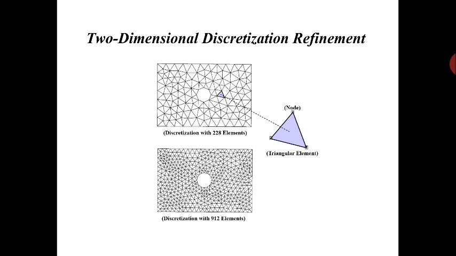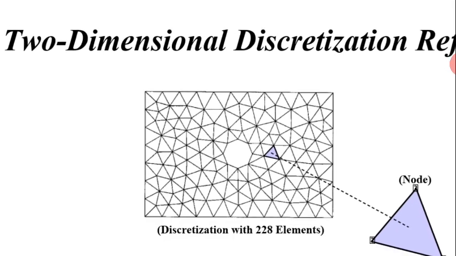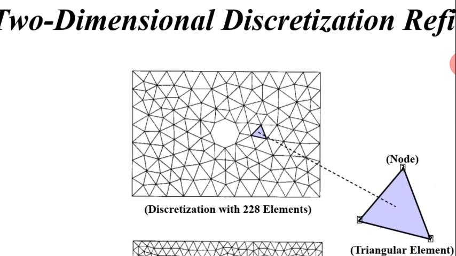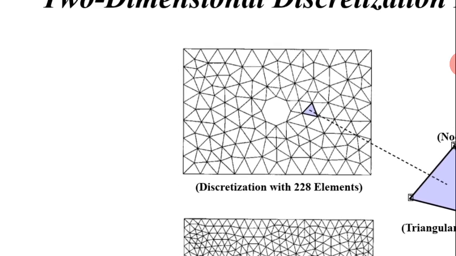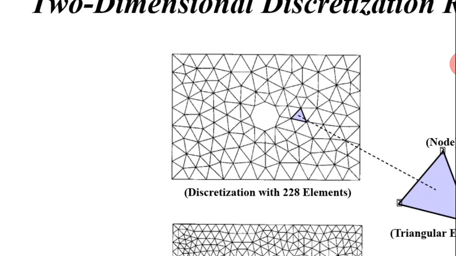Then two dimensional discretization refinement. If you want to refine some part of this finite element analysis problem, then we can have the refinement in meshing, because if you have a circular hole in a plate and we are using triangular elements, then that circular portion will not appear properly and it will lose its circularity.